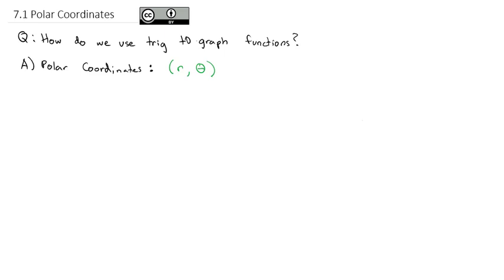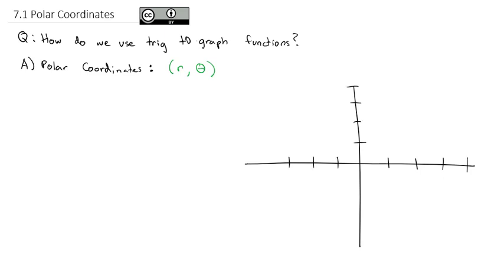How this is going to work in polar coordinates, and I erased the Cartesian because I don't want that to throw us off, is we're going to have a center grid like before, where we go off 1, 2, 3, 4 to the right, 1, 2, 3, 4 up, and then the negative direction, 1, 2, 3, 4, and 1, 2, 3, 4.